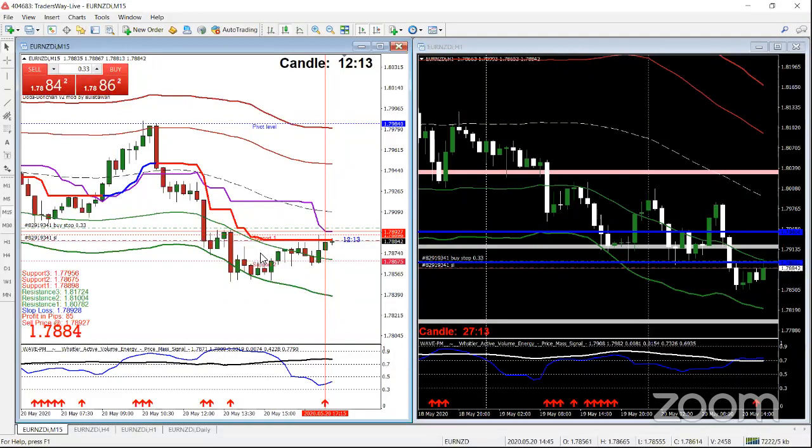Now, if we shoot down to 2 again and don't re-enter the zone, there's a good chance that the buy is going to hold up. Okay. Right.